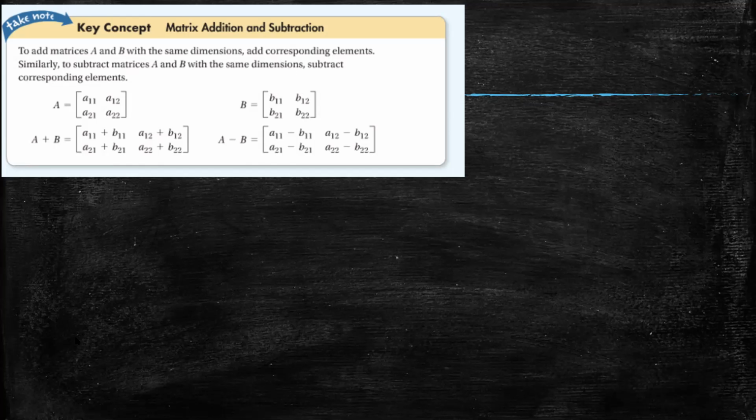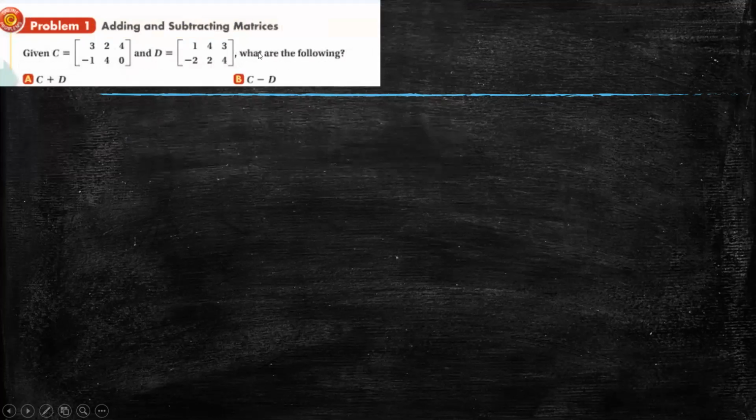Let's have this example here. Matrix C is 3, 2, 4, negative 1, 4, 0. Its dimension is 2 by 3. The second one is also 2 by 3. So it can be added and subtracted.